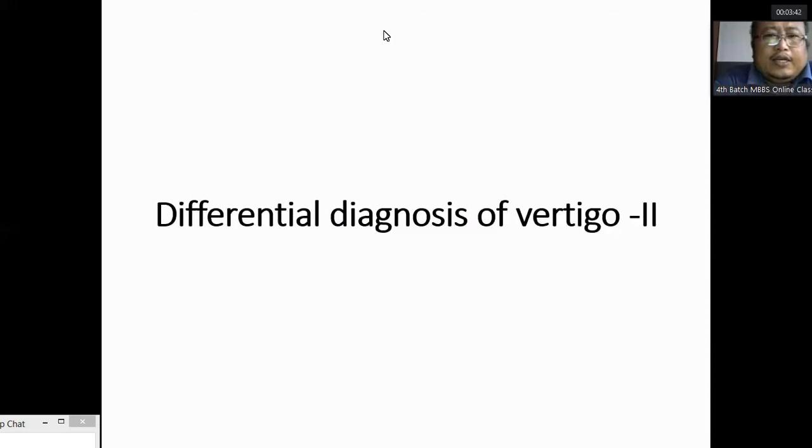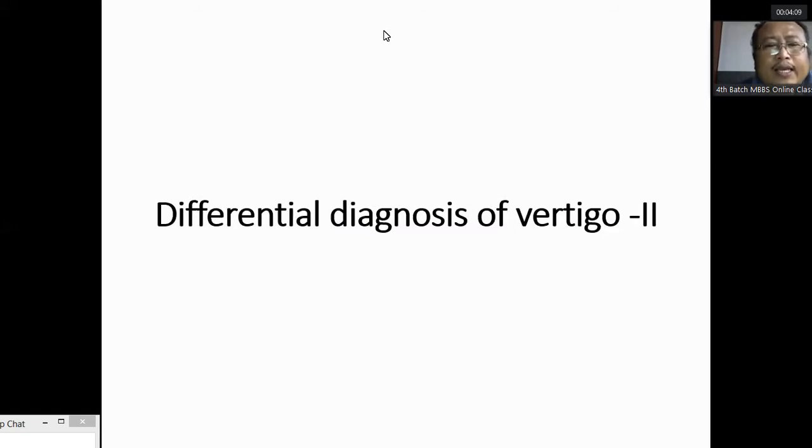In the previous class, the most common type of vertigo due to the peripheral system, benign paroxysmal positional vertigo, was discussed, and you should have a thorough knowledge of that. It will be quite tough for you in the initial period, but it is the most common type of vertigo, and it is the simplest.